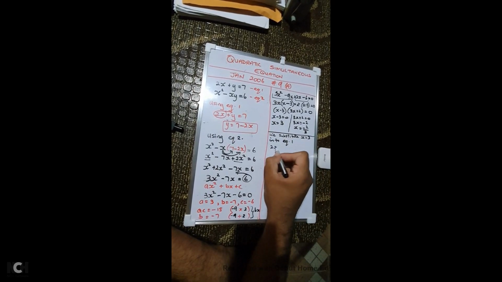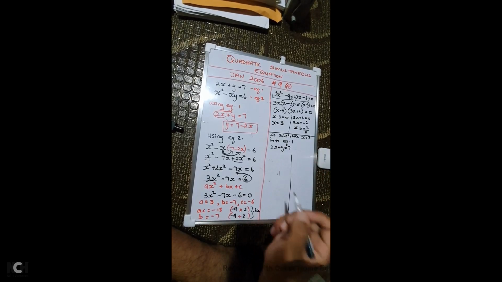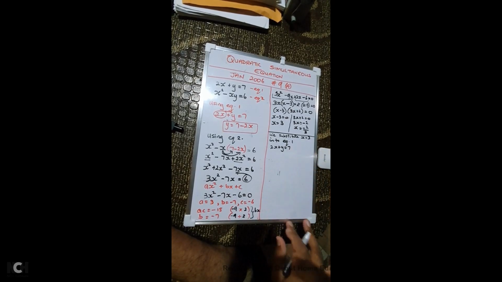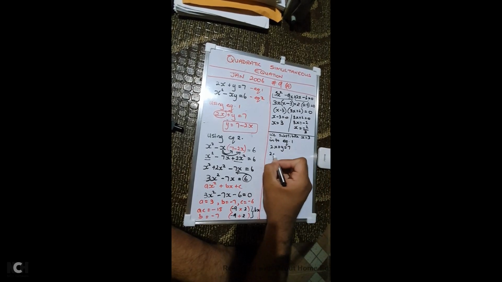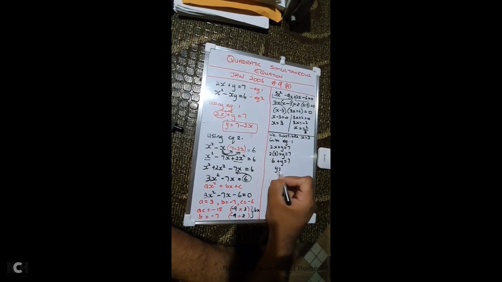So equation 1 is 2x plus y equals 7. So we know the value of x is 3: 2 by 3 is 6 plus y is equal to 7. We need to get rid of the 6. So y remains. When that 6 goes across, it becomes 7 minus 6. So y is equal to 1.